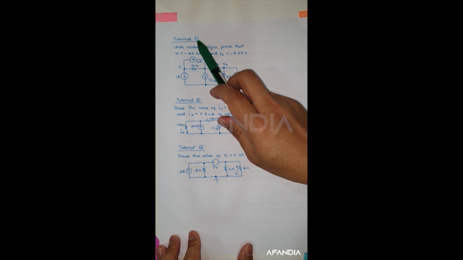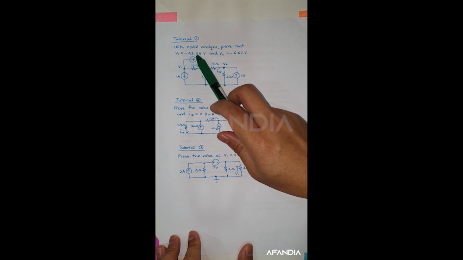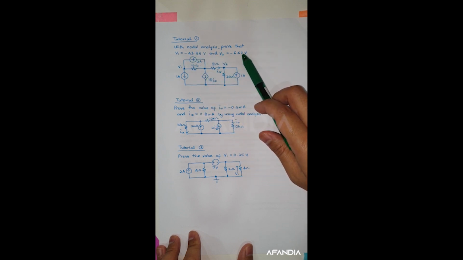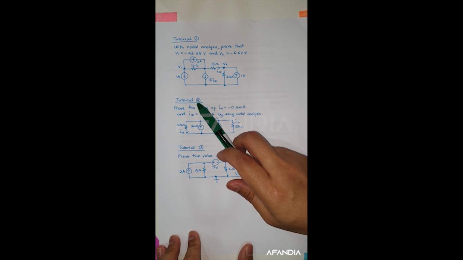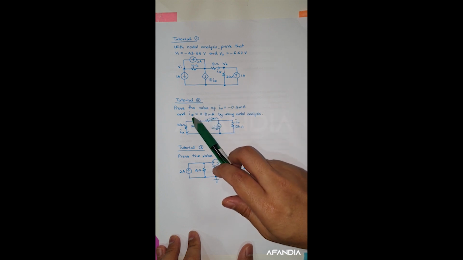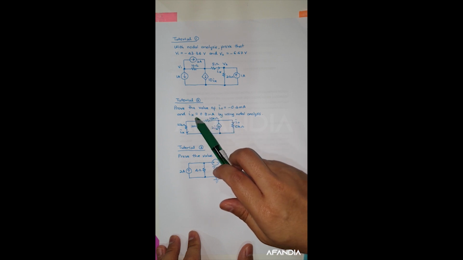I will provide you with these three different examples through our tutorial session. It is very easy because the answers are there. You just need to prove how you obtain, for example, in tutorial 1, V1 equal to this value and V2 equal to this value for the circuit, while in tutorial 2 for nodal analysis, you need to prove I node and Ix.